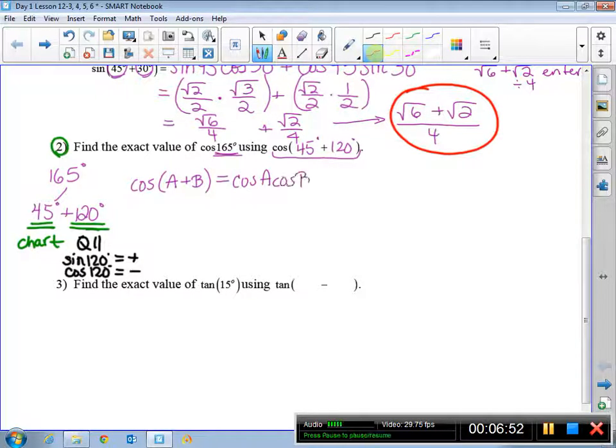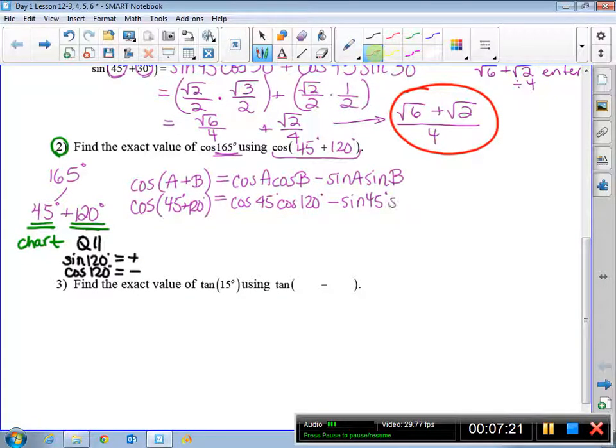It says cosine A times cosine B minus sine A times sine B. Now fill in the angles: 45 for A, 120 for B. All right, now we'll go through and write down those values.